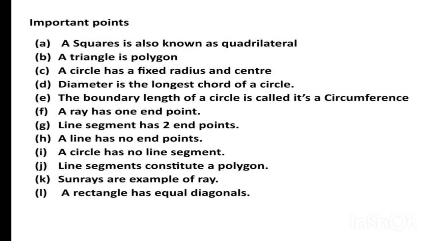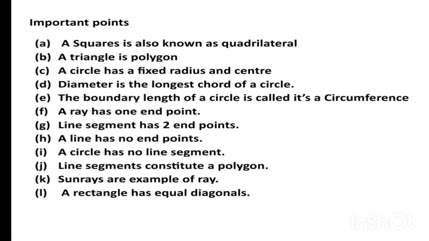And the radius is also fixed because if you measure any radius from any circle, suppose that you have drawn a circle of 2 centimeter radius, you can measure from any point on the circumference to the center, you will get only 2 centimeter. So these two things are fixed in a circle, radius and center. And the next one is diameter is the longest chord of a circle. First of all you should know what a chord is.